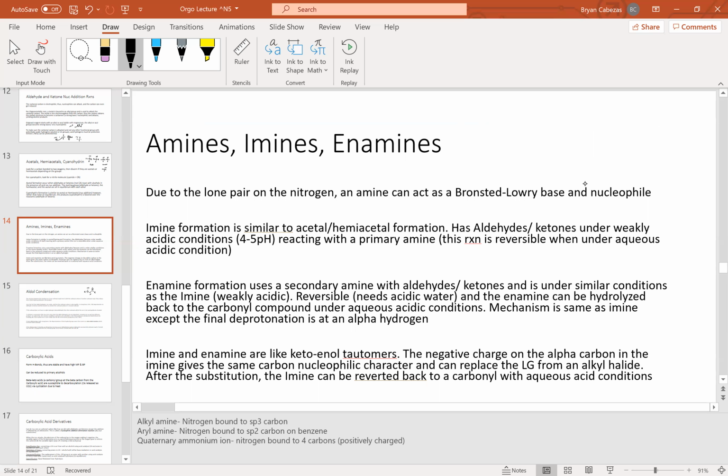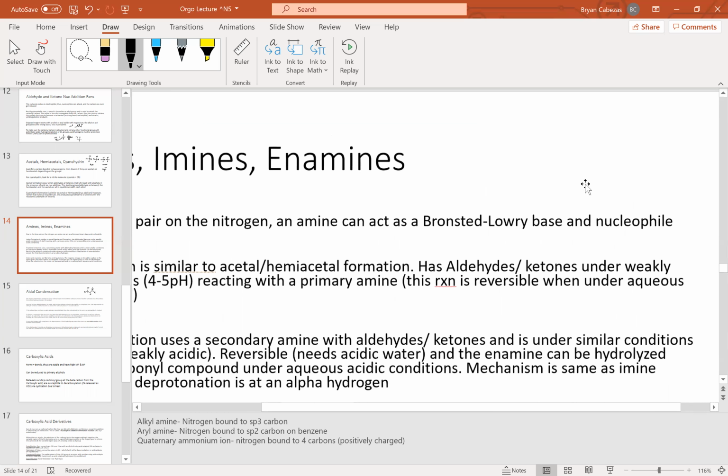So how can we create an imine? For an imine, we're going to use a primary amine and combine it with a carbonyl group. It could be an aldehyde or a ketone.